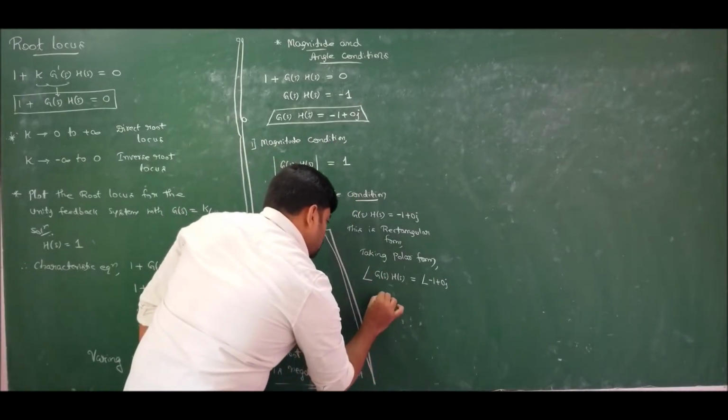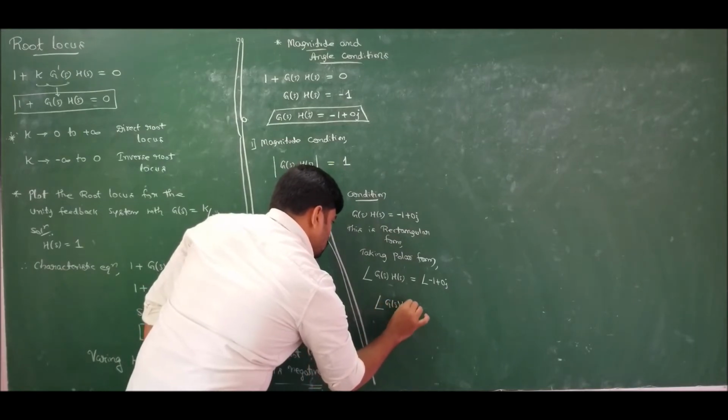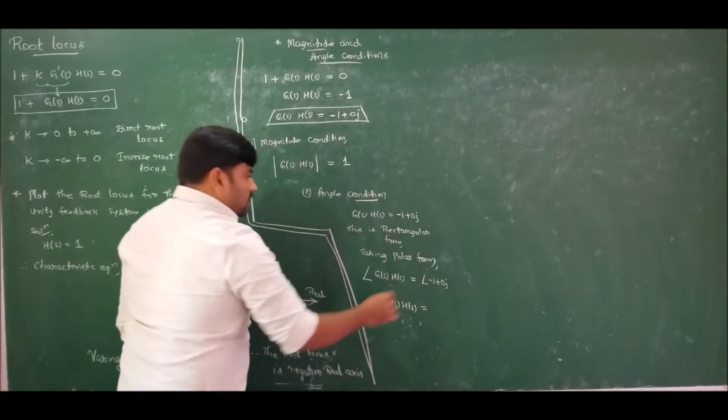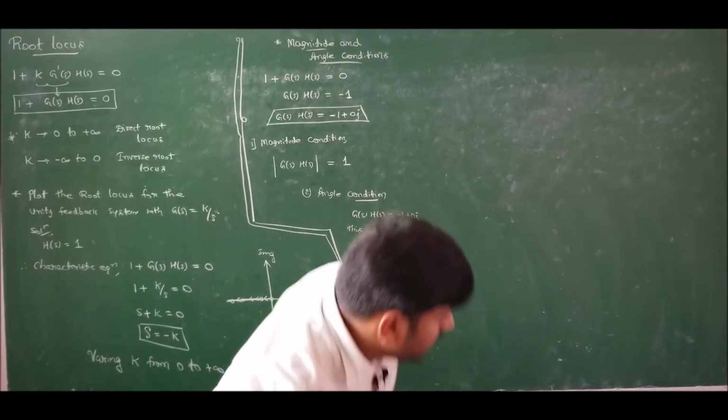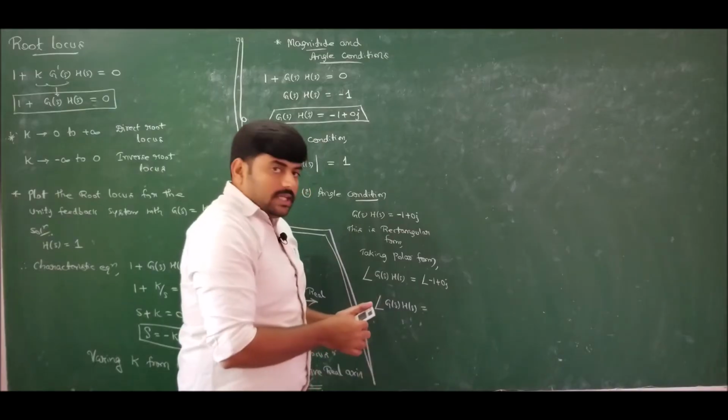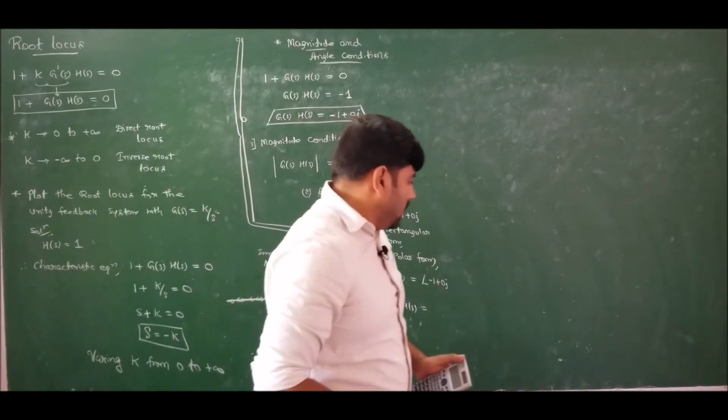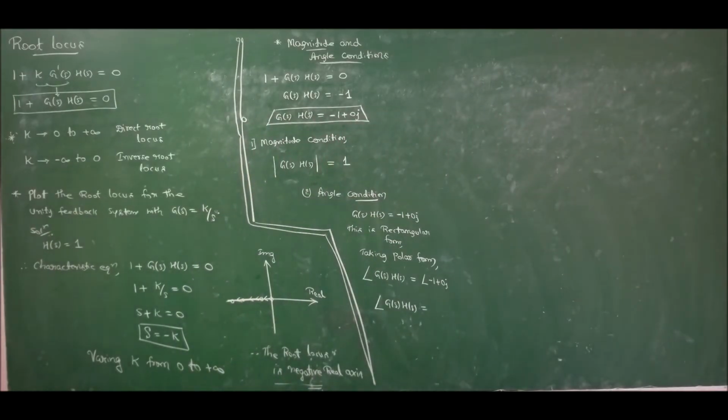So therefore, what is the angle condition you are going to get? How to get the polar form? Using the calculator, I think you people have forgotten. Let me come to you and explain how to get the polar form.